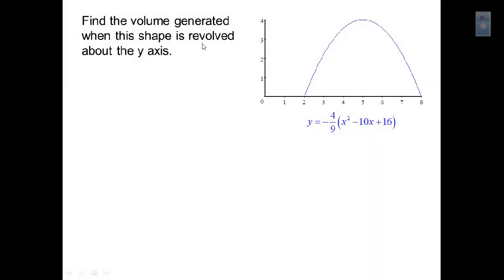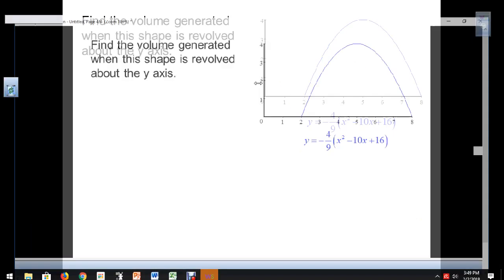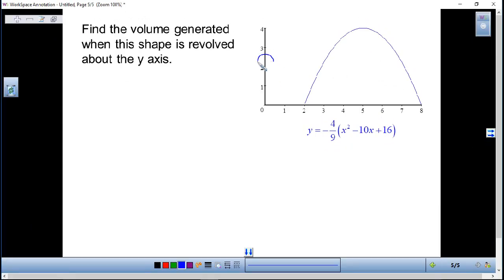All right, so let's find the volume generated when this shape right here is revolved around the y-axis. Now, the thing is, we're revolving around here. So we're going around that, and we would think, oh, it'd be great if we could just use the washer method, because for a lot of people, the washer method makes more sense.